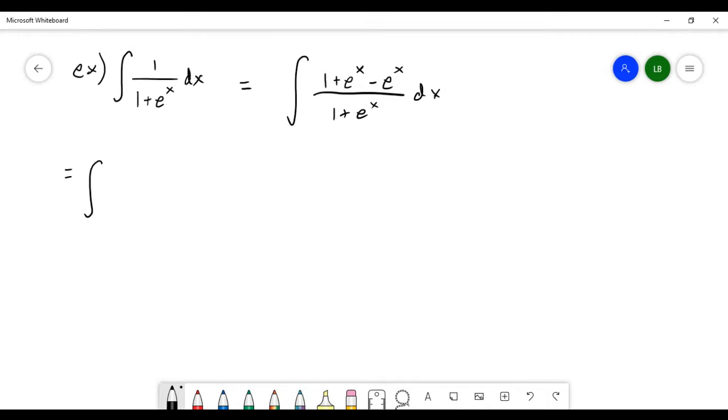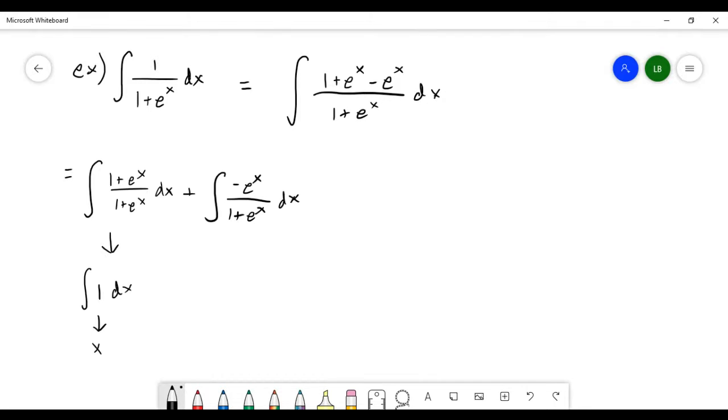And we can actually split up the numerator into 1 plus e to the x plus negative e to the x. And this first integral is just 1 plus e to the x over 1 plus e to the x. That simplifies to the integral of 1, and that just goes to x.